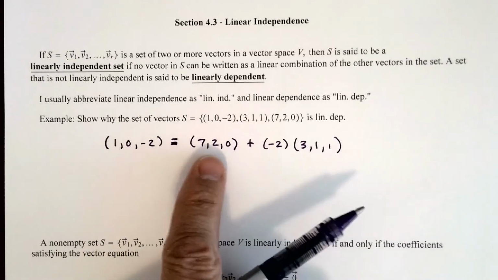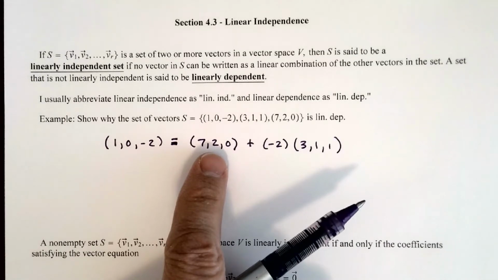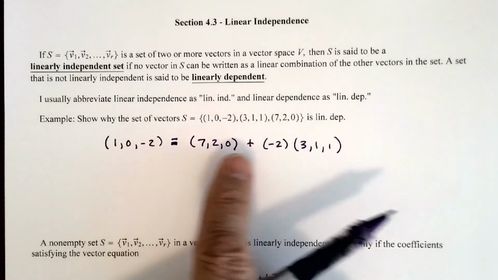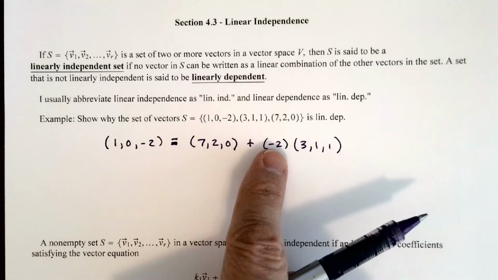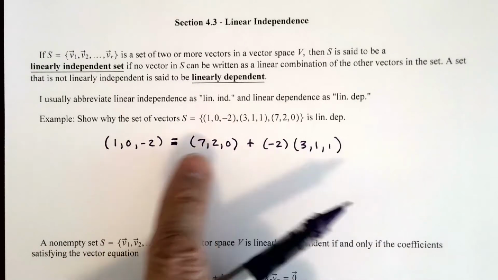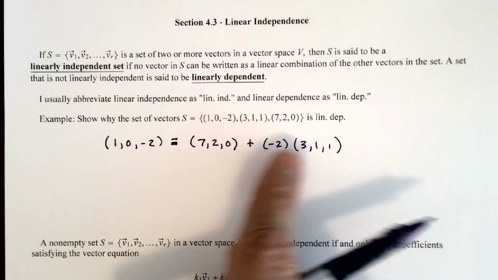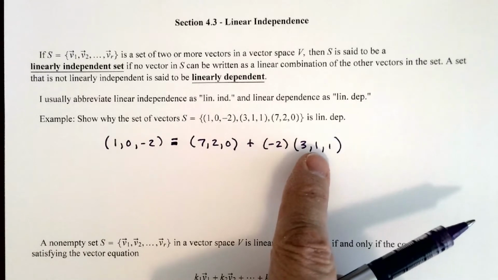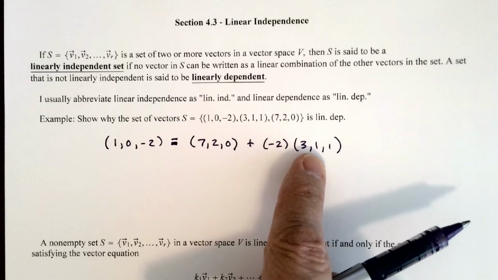And in fact, if you think about it, I could also write, for instance, the vector 7, 2, 0 as a linear combination of the other two by simply adding 2 times this vector to both sides, and I can write 7, 2, 0 as 2 times 3, 1, 1 plus this vector here. And then I think you can also see how I can solve this for the vector 3, 1, 1. Right?